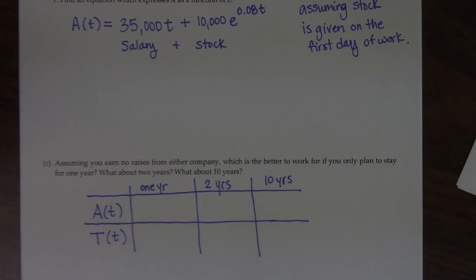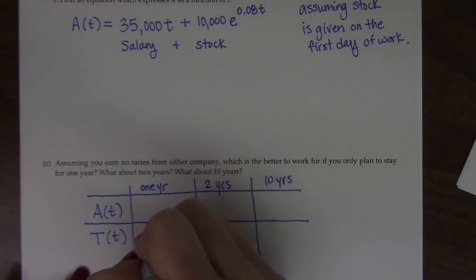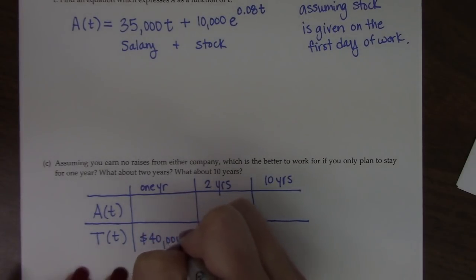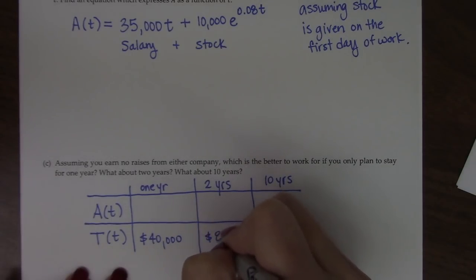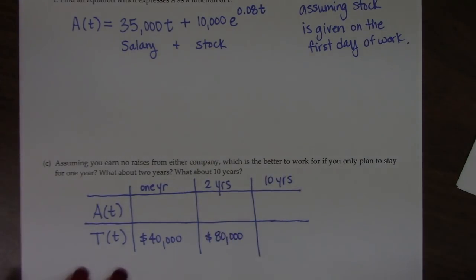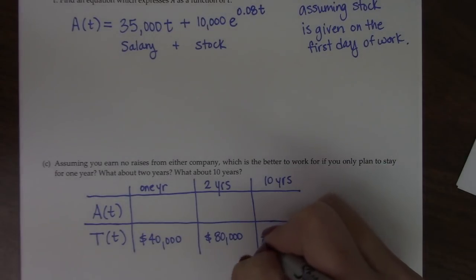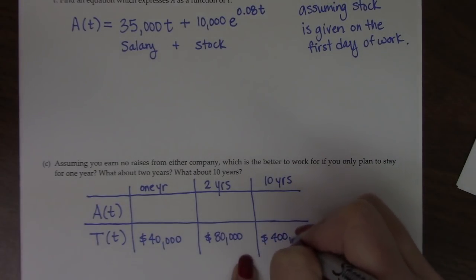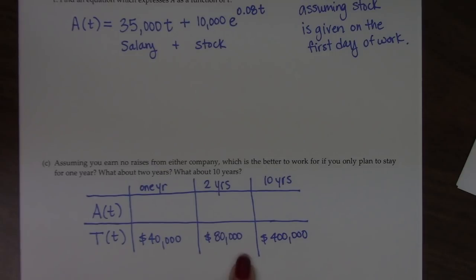So Turtle Wax is pretty easy because we just plug in, right, $40,000 at the end of year 1. At the end of 2 years, we earn $80,000. And at the end of 10 years, you've made $400,000. For Acme, we're going to plug this into our calculator and we're just going to round to the nearest dollar.